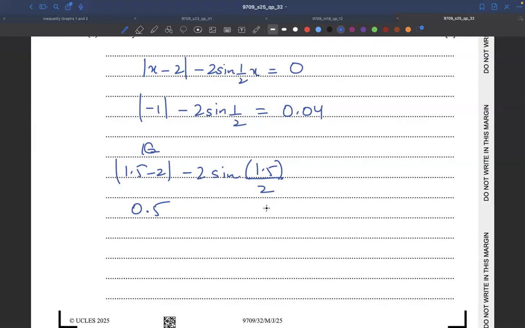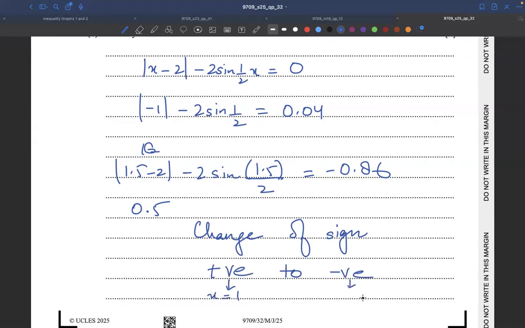And we are getting minus 0.86 in this case. So this change of sign basically means that the root lies between 1 and 1.5. So we'll write change of sign, from initially positive when x was equal to 1, to negative when x was equal to 1.5.